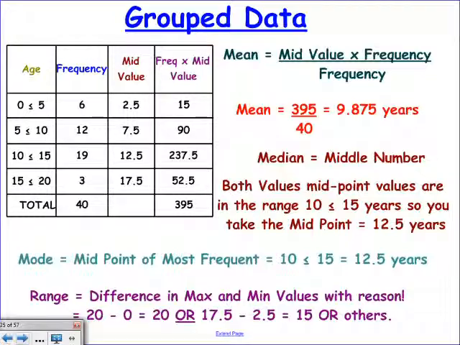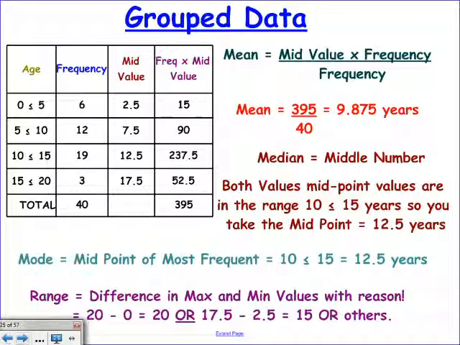Sometimes you will get frequency tables where the information, the data, is a range, it's grouped data. It can be continuous data, it can be a selection of values, in this case ages of 0 to 5, 5 to 10, and so on. Okay?